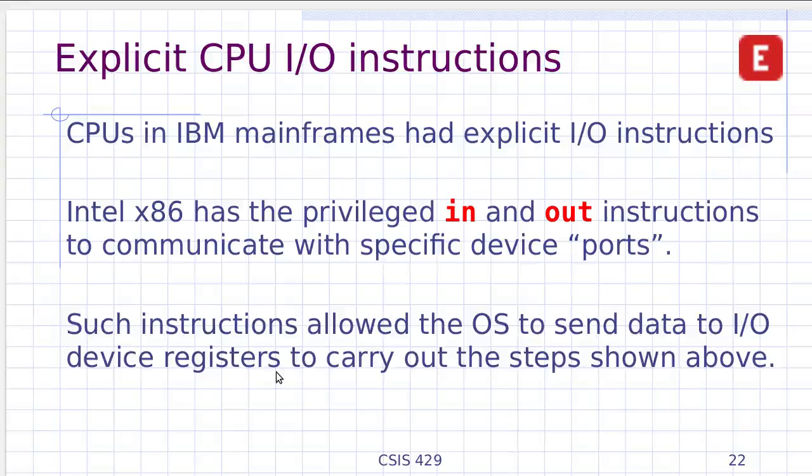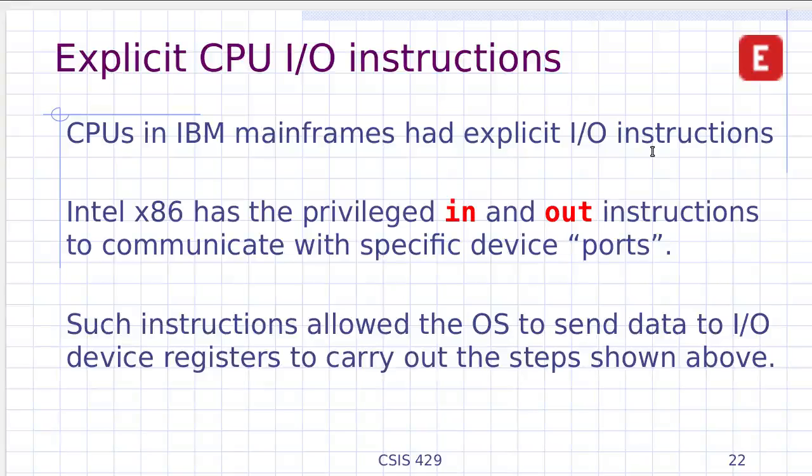As far as explicit CPU instructions, you probably have seen this at some point in previous courses, but the Intel x86 CPU has these in and out instructions that communicate with specific device ports, and so you have to use ports. And older CPUs like in IBM mainframes also had these kind of explicit I/O instructions.